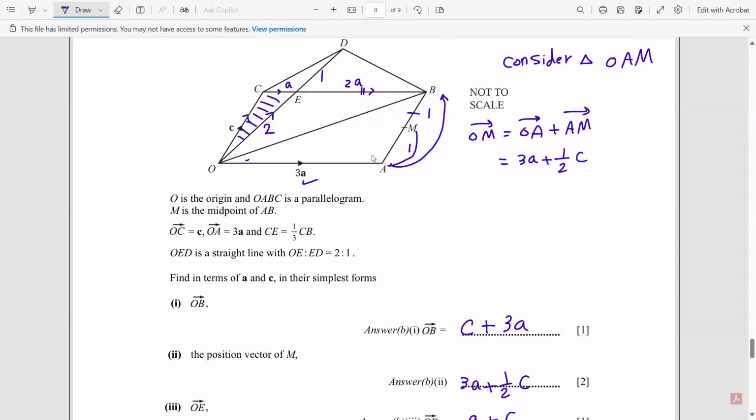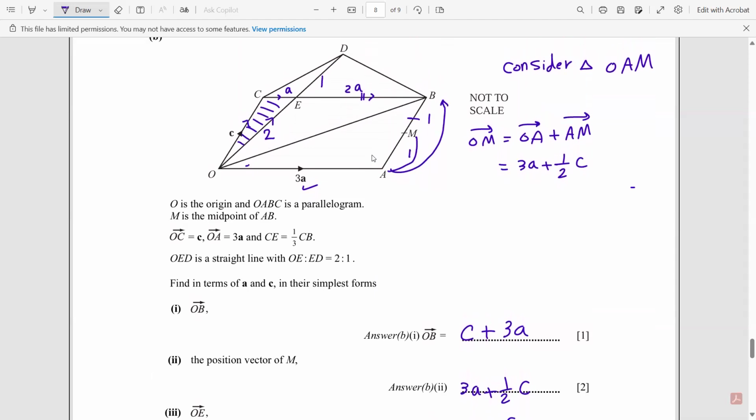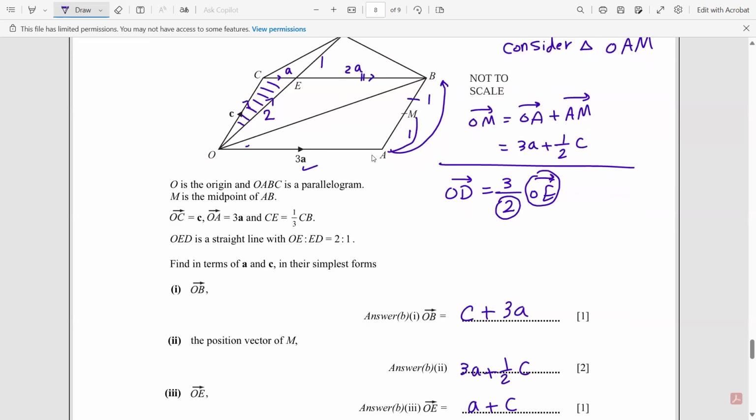But you can write now: the vector OD represents 2 plus 1, 3 parts out of 2 parts of OE. Again, the vector you are writing here has the same ratio written down here. Okay? You have to do this. So 3 halves, the OD is now 3 halves of OE.